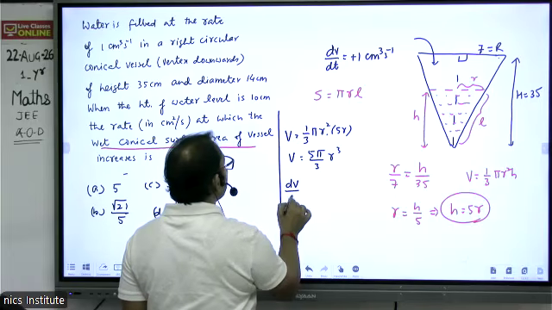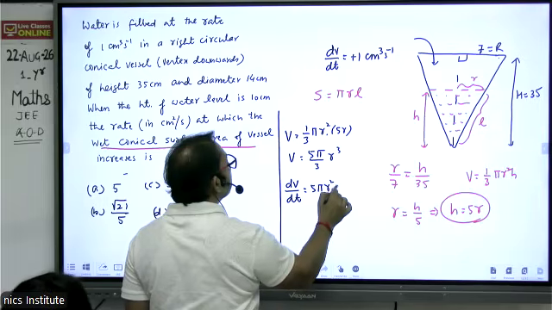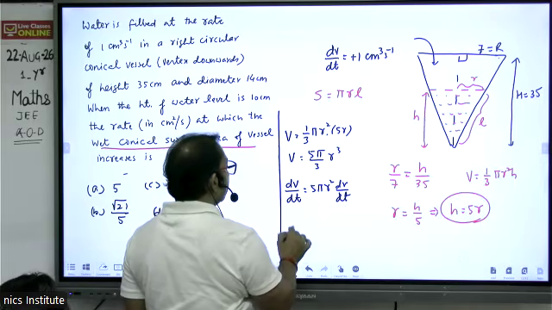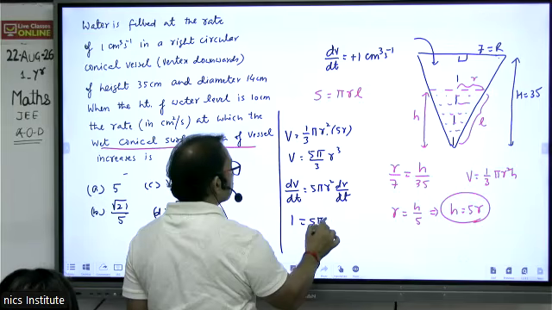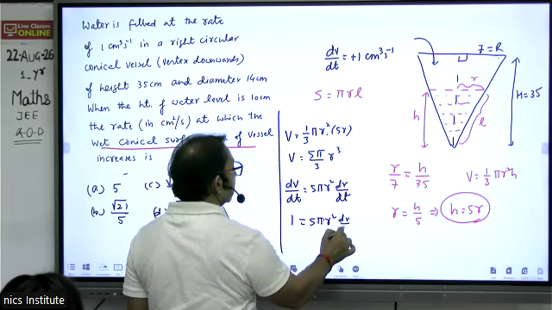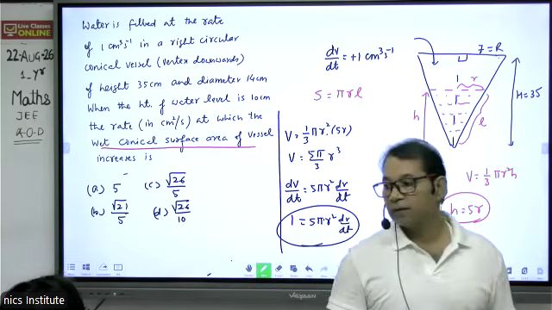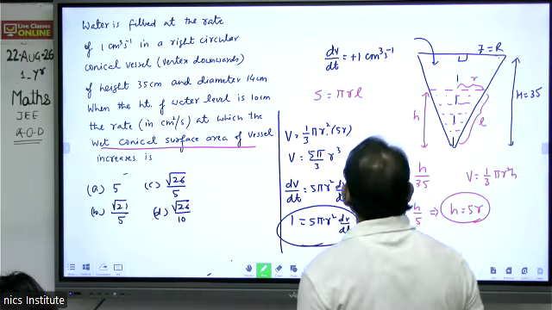Differentiate with respect to time. You get 5 pi r square dr by dt. You have dV by dt as 1. So it's 5 pi r square dr by dt. From here we can find dr by dt, which we will substitute later.